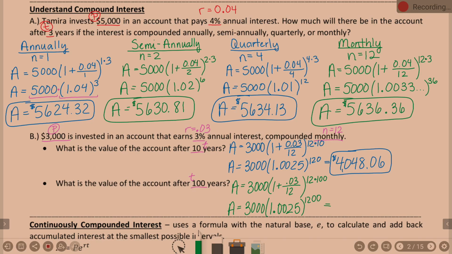How much money is that? $60,031.45. It's big numbers, isn't it?